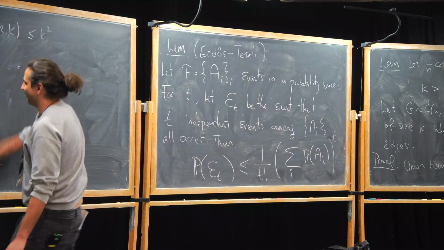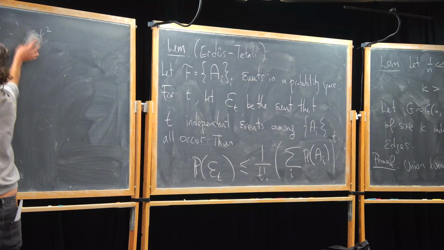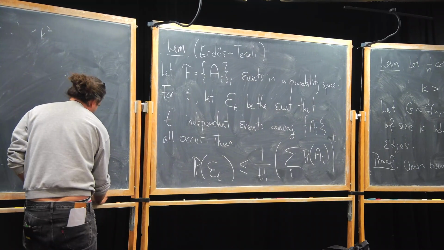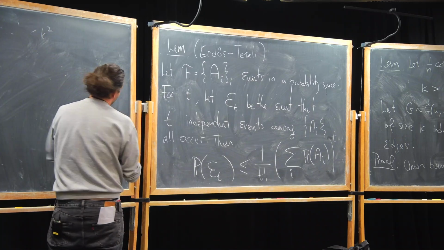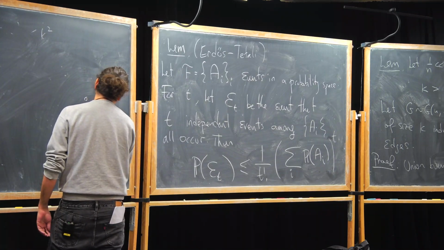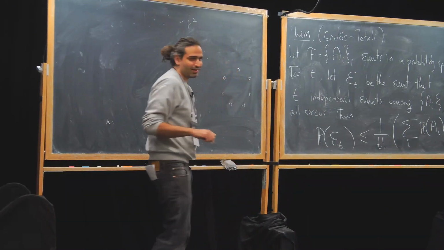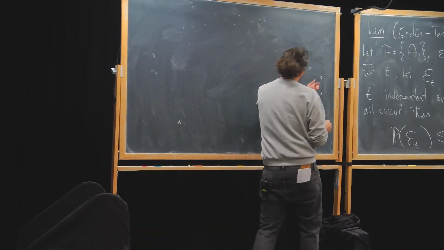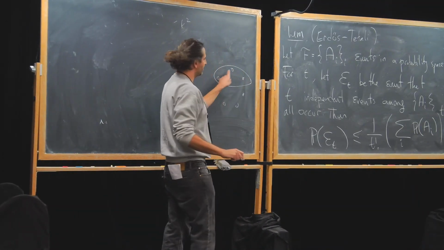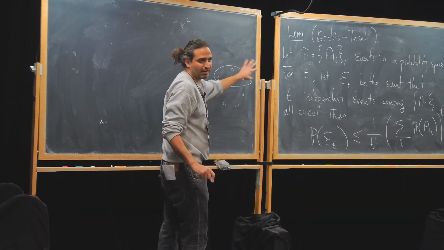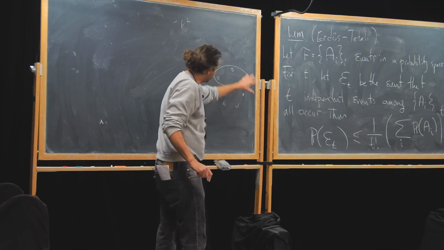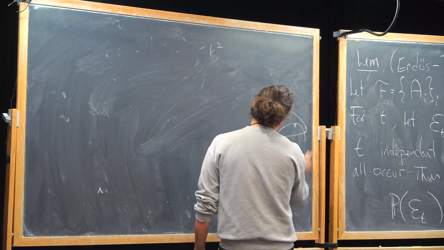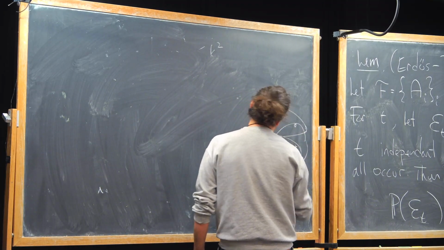The picture to have in your mind is as follows. Imagine I have some events, which I'm going to draw as dots here. And I'm just going to say that these are an independent collection, right? So these are all independent as a collection. And I'm going to draw a tuple here for all of these.